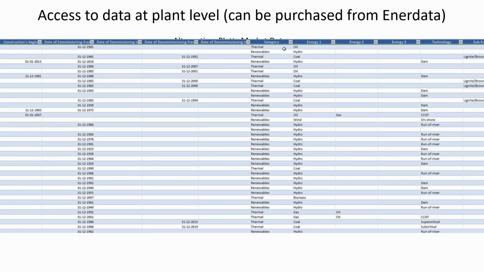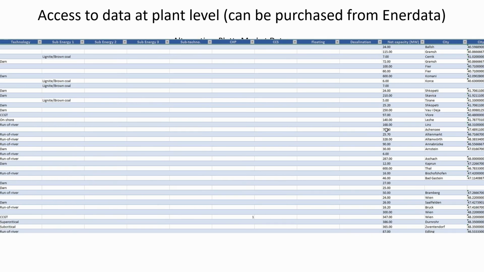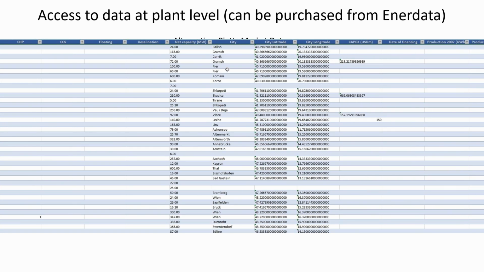And you can also see the category, the fuel that is used, the technology applied, and you can see the capacity here, the net capacity, and you can see the city the plant is situated in, and the GIS coordinates here.